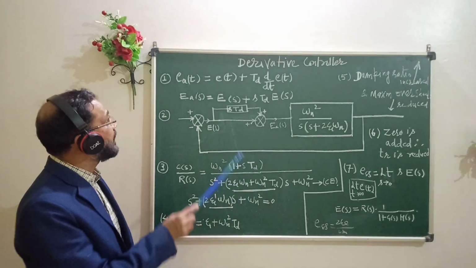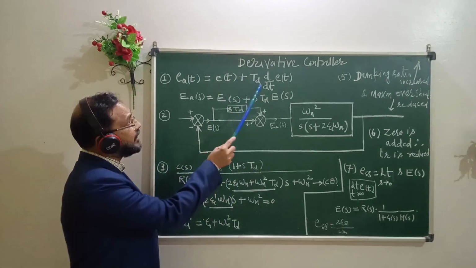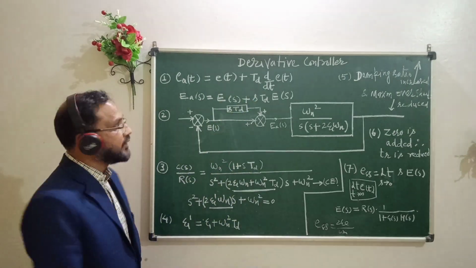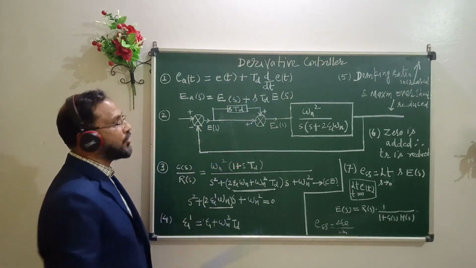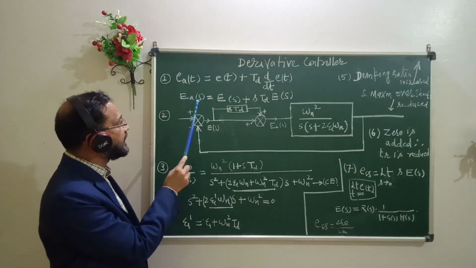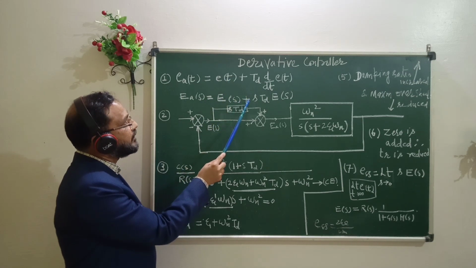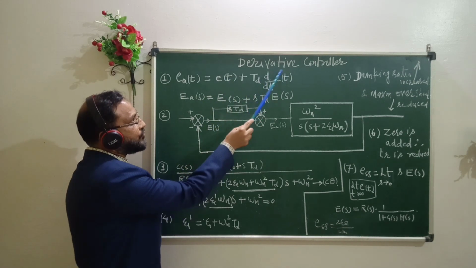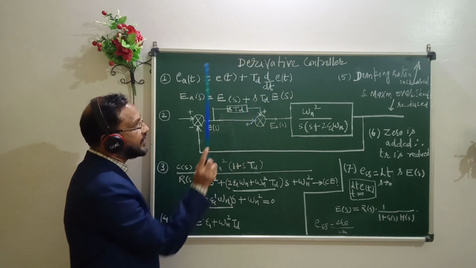Remember, in this controller, actuating signal consists of error signal and its derivative. Td is a constant here. Taking Laplace transformation of this expression, EA(s), that is E(s) plus Laplace transformation of first order differentiation, sE(s), whereas Td is constant.